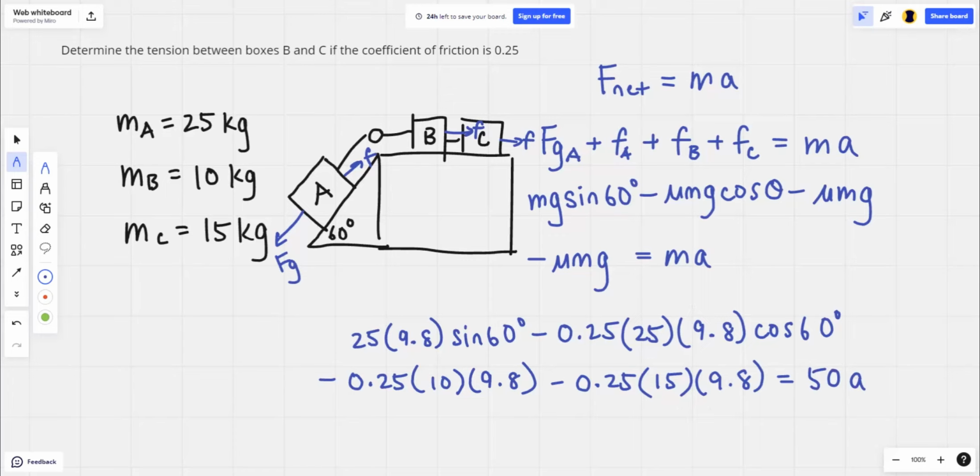And now, all we've got to do is plug this whole thing on the left into a calculator.